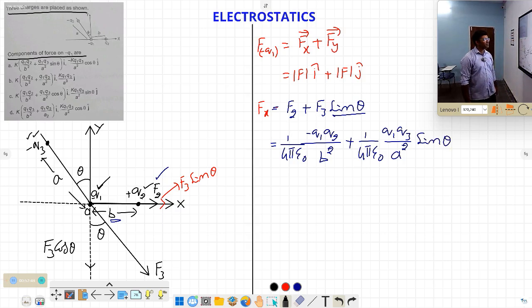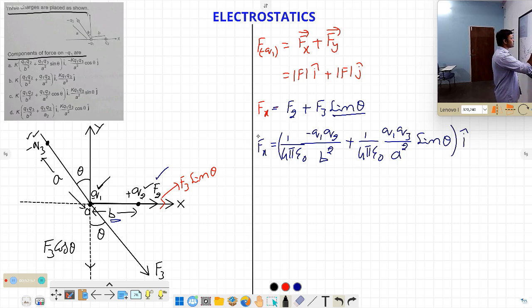This is in terms of magnitude. If you want to write in terms of components, you can write it into i cap. This is the force along the x-axis. If you see the options, what is k here? 1 by 4 pi epsilon naught, they have taken it as k.